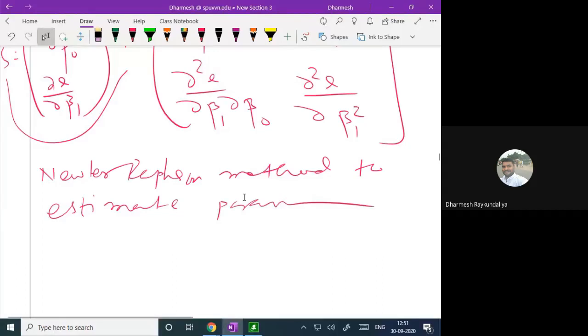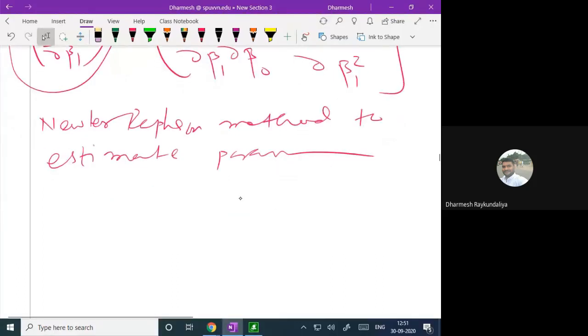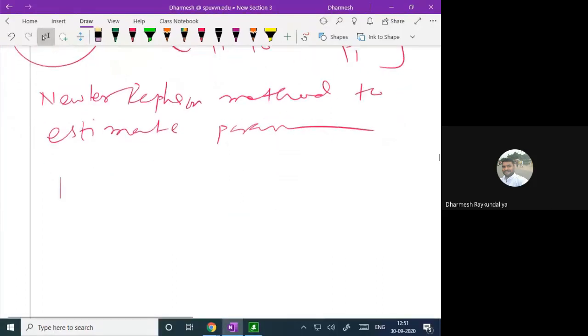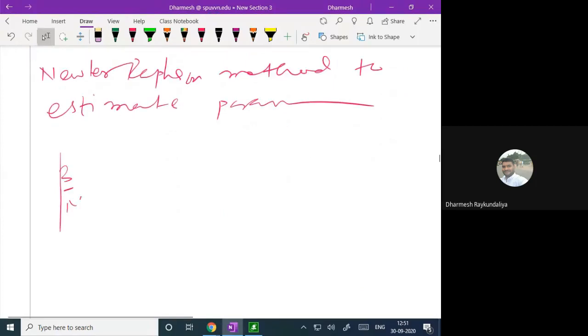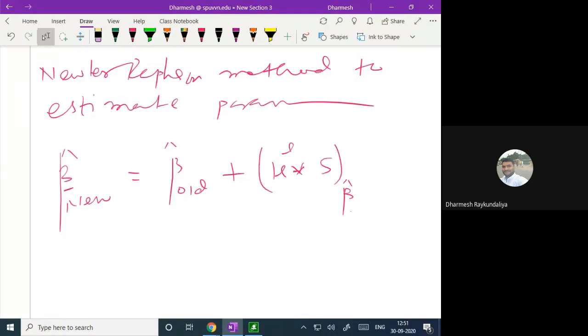And you can apply it like this: beta cap new is equal to beta cap old plus H inverse into S, calculated at beta old. Is it right or any mistake? I think we have taken the minus sign inside, so it is a plus.